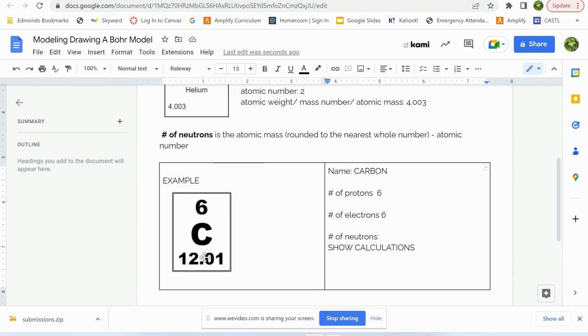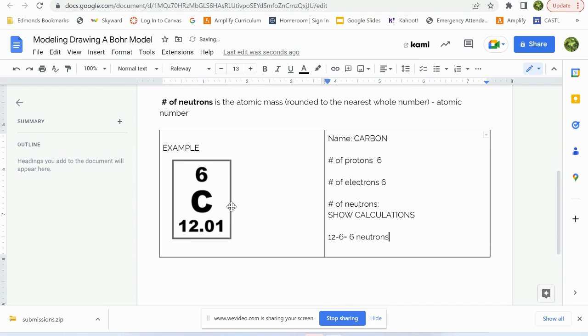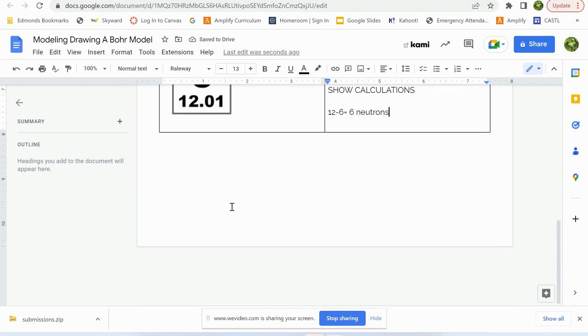I take the bottom number, the atomic mass, rounded to the nearest whole number. 12.01 would be 12, minus the top number, the atomic number 6. That would be equal to 6 neutrons. Now we have to figure out how to draw them.